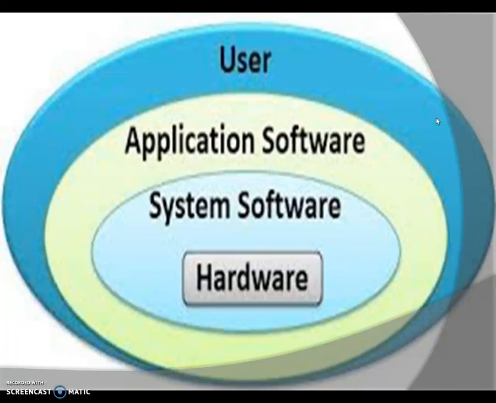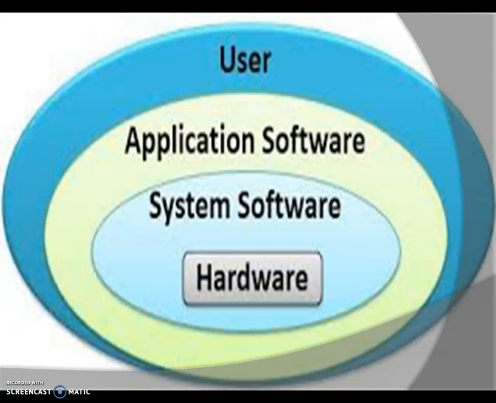And the next important type of software is a system software. As you can see on the screen, application software will provide the interface between the user and the rest of the system. In the same way, system software will provide the interface between the application software and the rest of the system.